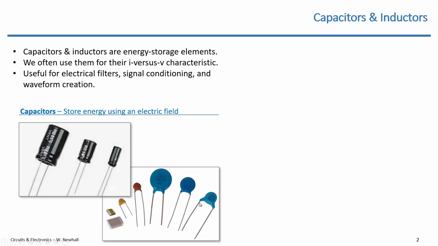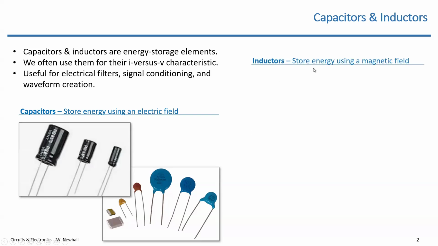In the lower right, here's a ceramic capacitor, a low cost, common capacitor. Here's a tantalum capacitor, a different material, which handles different capacitance per volume and different voltages. Here are some chip capacitors, surface mount capacitors. So if you see these packages, you're probably looking at a capacitor.